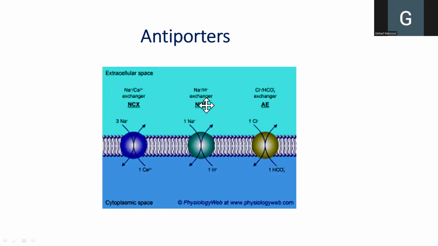Similarly, in the sodium-hydrogen exchanger, hydrogen is being pumped extracellularly using the energy that had been stored previously in sodium by means of a sodium-potassium pump. The purpose in both conditions is to pump calcium outside the cell and to pump protons outside the cell.